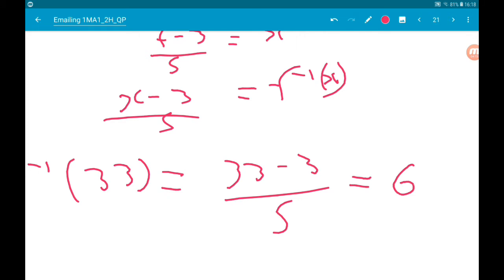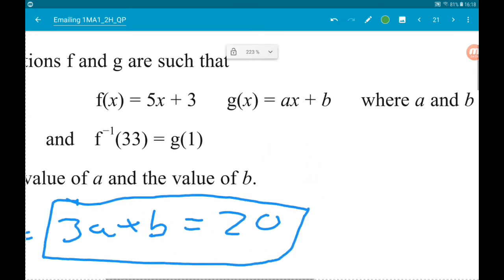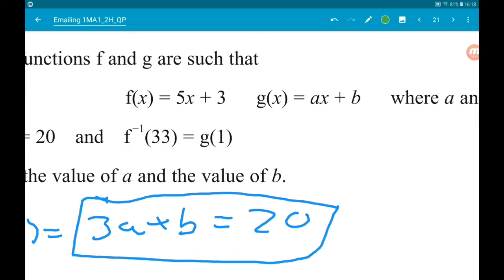Now, we can also work out g of 1. So g of 1 is just going to be a add b.